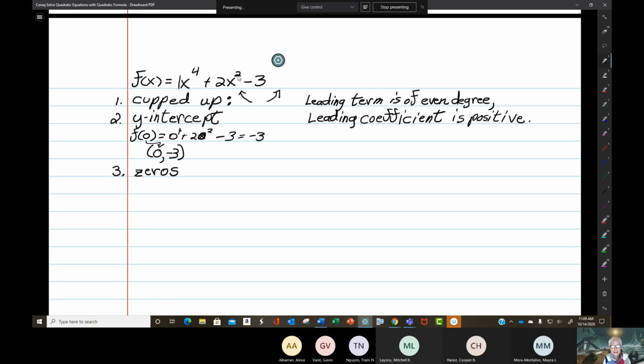So it would be easy to factor just like the other one was, but we have to use the quadratic formula at some point. And so we're going to do that.